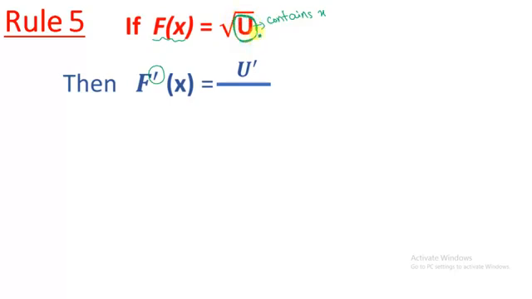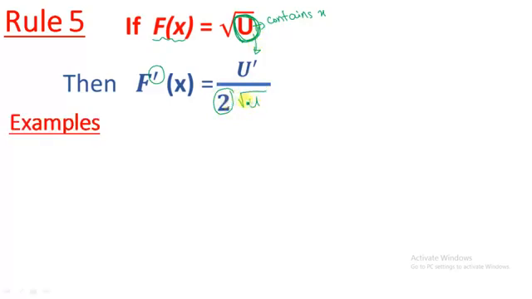First, we take the derivative of the function under the radical. That means u prime, the derivative of the quantity under the radical, over 2 radical u.